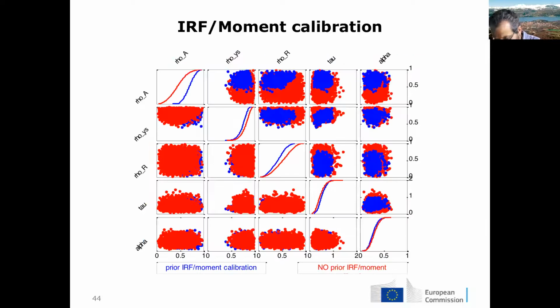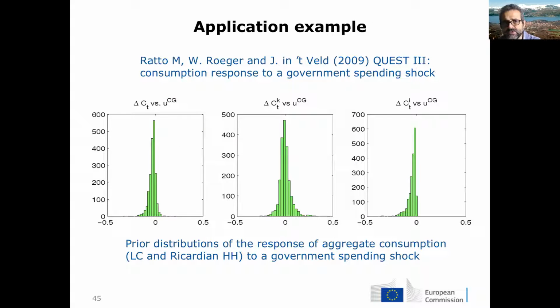And now I go on to a possibly more interesting application of these IRF things, which is, for example, the government spending multiplier. Here I'm just telling a story about a paper I wrote with my colleagues, Werner Röger and Jan in 't Veld of DG ECFIN in Brussels, using the Quest model, which is DG ECFIN's DSGE model, one of the two DSGE models of the Commission.